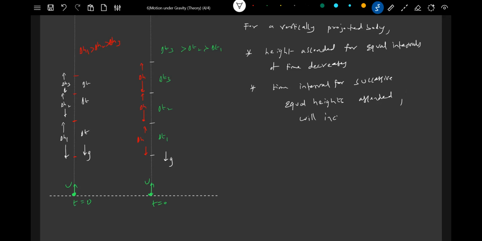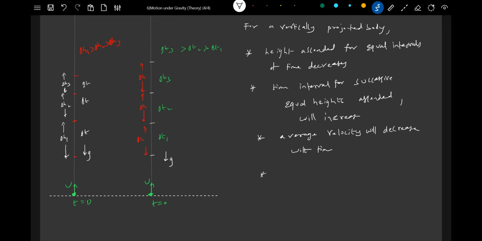Like this, what do you expect the average velocity to do? It should decrease here. Average velocity will decrease with the time.